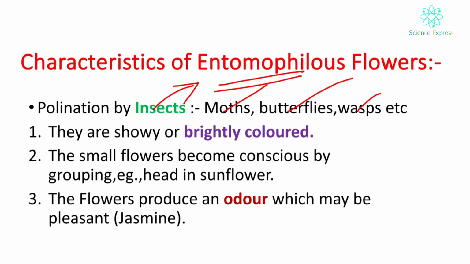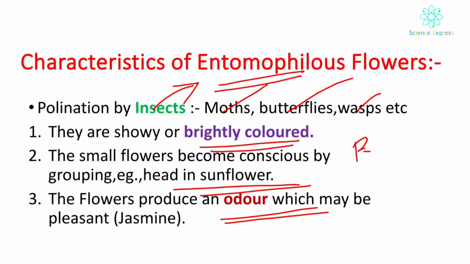It seldom visits red flowers because bees use UV rays to see flowers. In UV rays the red flower looks like black, so bees seldom visit red flowers. Clear? Okay. Next, they are showy or brightly colored. Small flowers become conspicuous by grouping into heads, as in the sunflower. Next, the flower produces an odor which may be pleasant, for example jasmine.